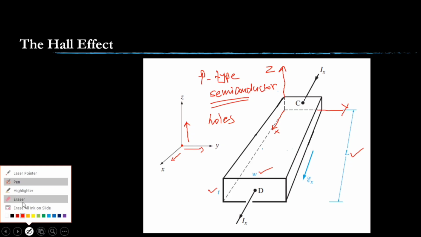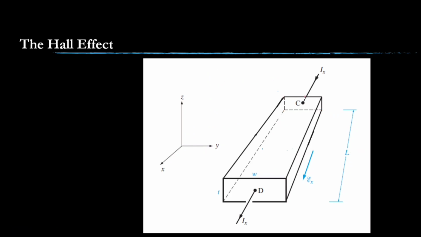You can see the direction of the electric field. We know that the movement of holes is always in the same direction as the applied electric field. So the hole is moving in this direction, and in a similar way the direction of the current is in the same direction. That is what is represented here, the direction of the current.